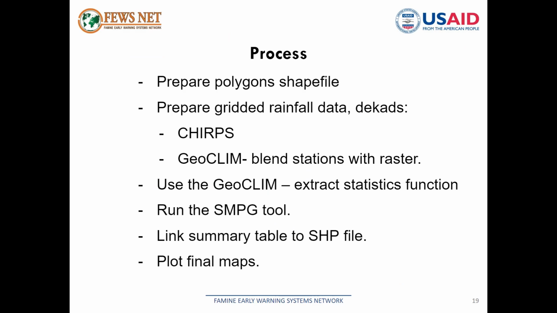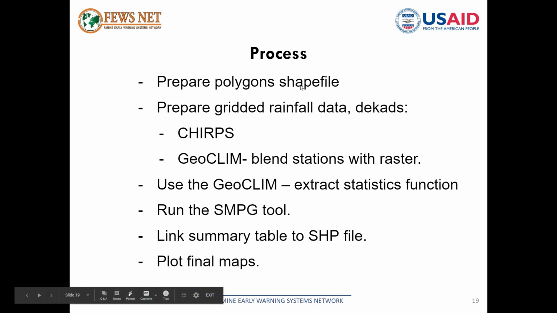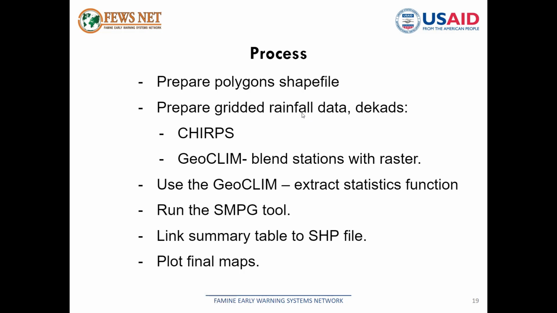We're going to start by preparing the polygon shapefile. Then we prepare the rainfall data, the created rainfall data as chirps. Then we blend chirps with the stations for our region of interest, use the geoclim to extract statistics to then bring that table into the SMPG and run it.